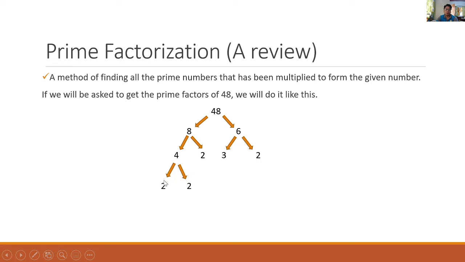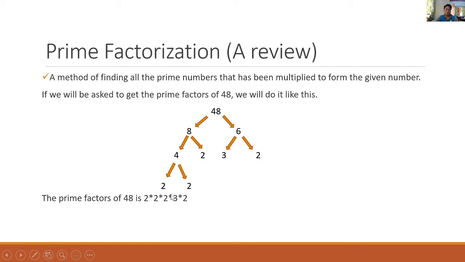So these numbers na nasa dulo, these are called prime numbers. Ito yung prime factors po niya. So, the prime factors of 48 is 2 times 2 times 2 times 3 times 2. Asan yun? Lahat nung nasa dulo nung root po natin. 2 times 2 times 2 times 3 times 2.